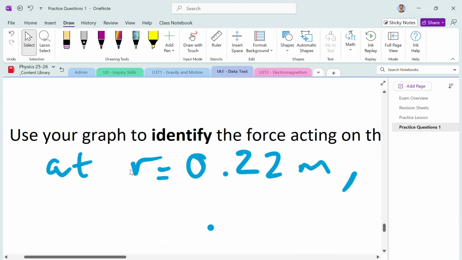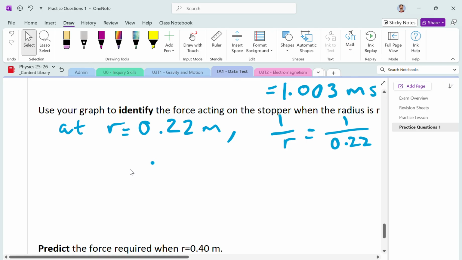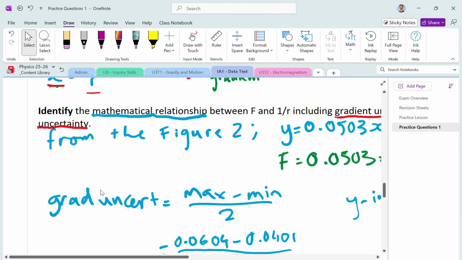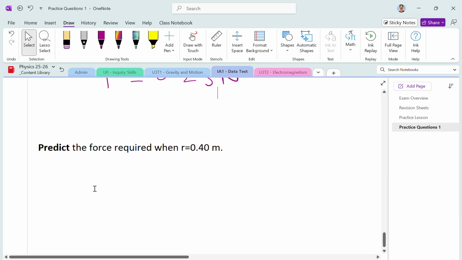Obviously, this is some estimation. There is error involved, but I'm going to say that force is roughly equal to 0.23 newtons. Cool. So that's some interpolating on the graph.